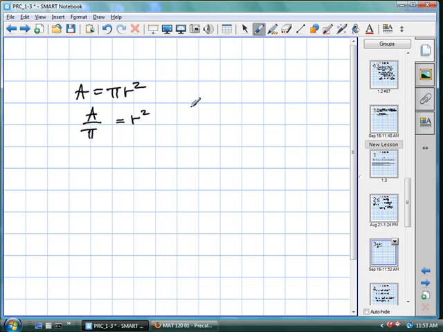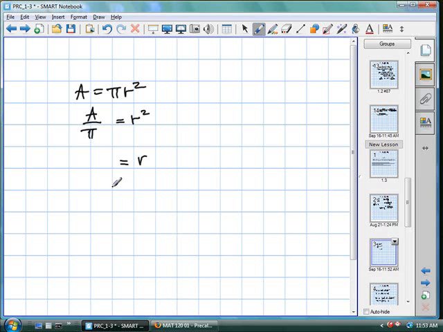Now, how do I get r to be just a plain r? Take the square root of both sides. And now this is important. Whenever you decide to take the square root of both sides, you have no choice. You have to take both of them. Always take both square roots. There's always 2, right? The square root of 49, there's 2 of them, 7 and -7.